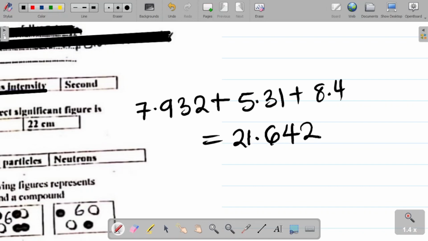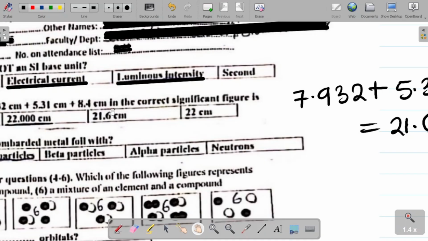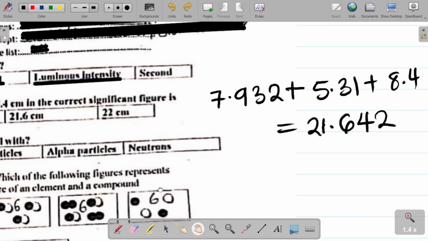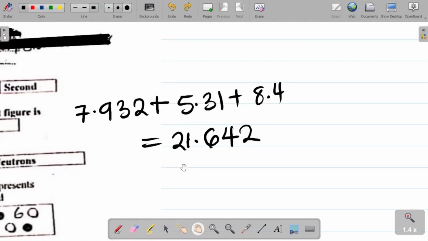But if you look at what you're given here, they said in the correct significant figure. Now, what exactly do they mean by the correct significant figure? Here's how this is done. All you have to do is, from the given numbers, take out the smallest significant figure.